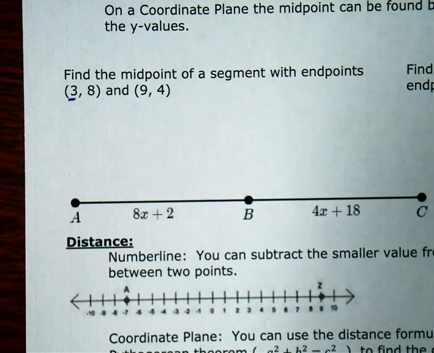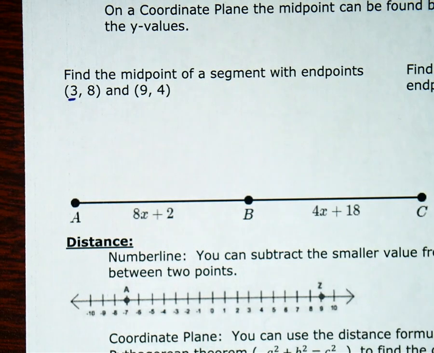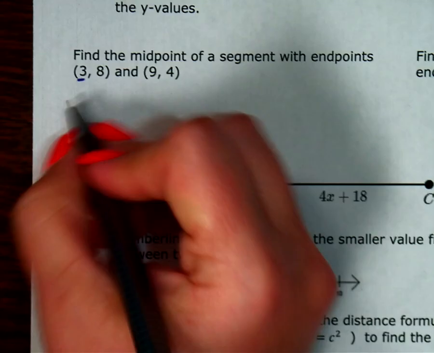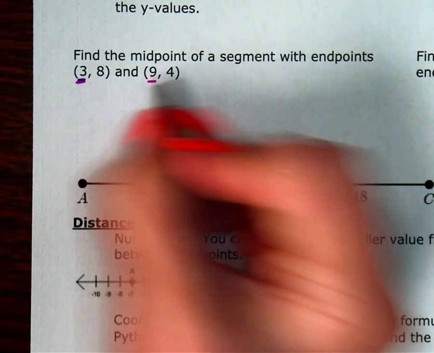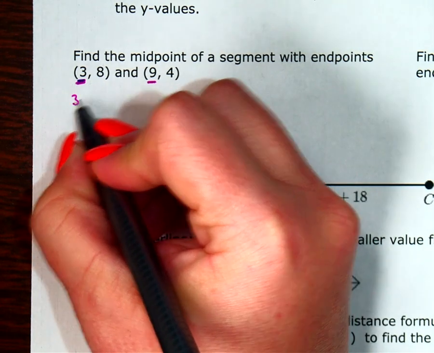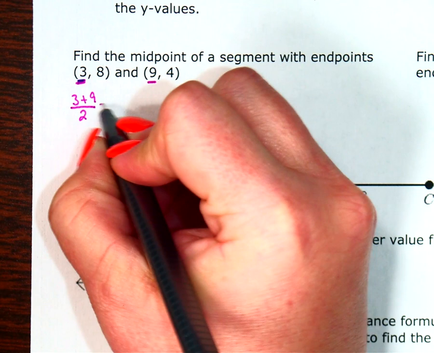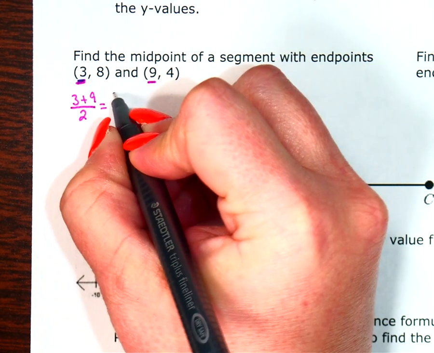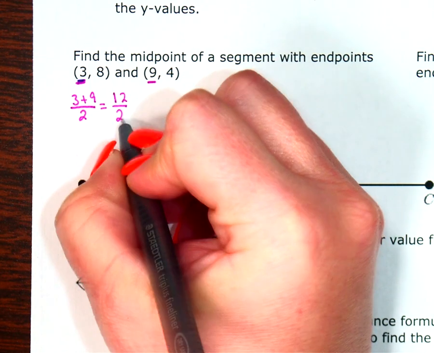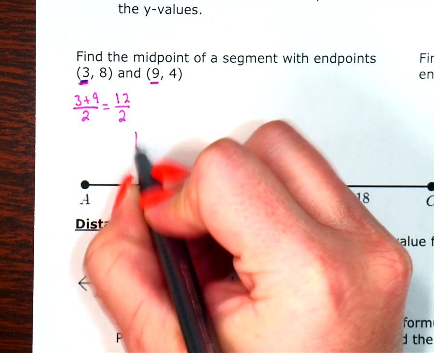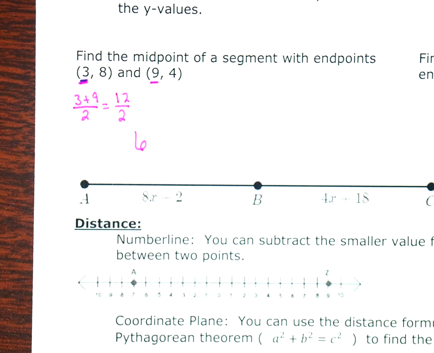So when I look at my x values, let's switch colors here. My x values are 3 and 9. So 3 plus 9, divided by 2: 3 plus 9 is 12, divided by 2 gives me a value of 6.